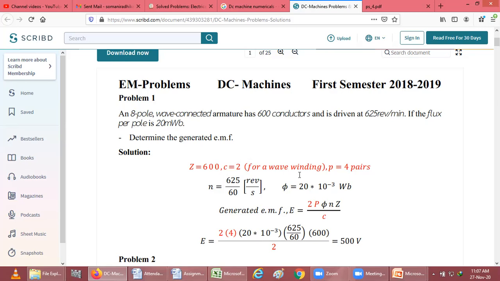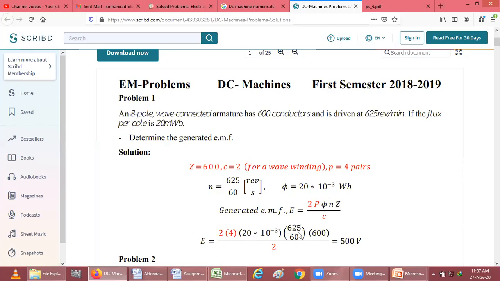If you put all these values, for P you can take 8 directly, or you can write 2 into 4. We have the value for phi, which is 20 milliweber. Milli means 10 raised to minus 3, so 20 into 10 raised to minus 3.